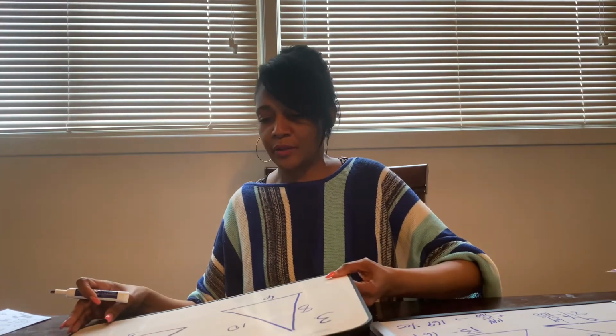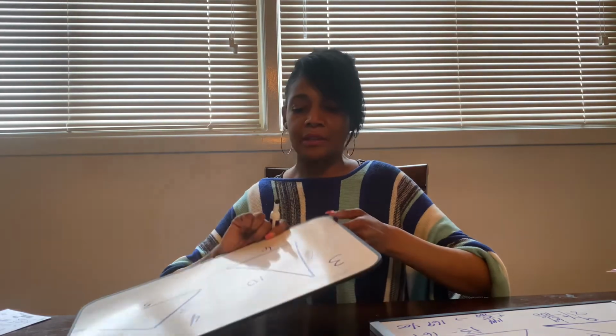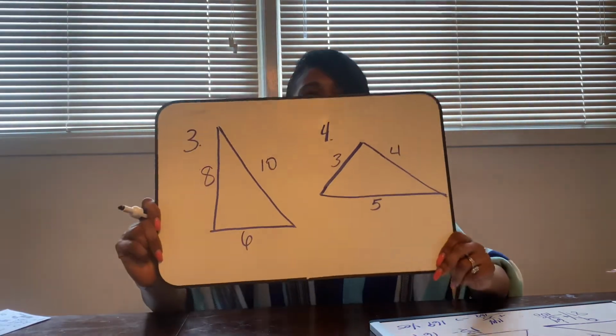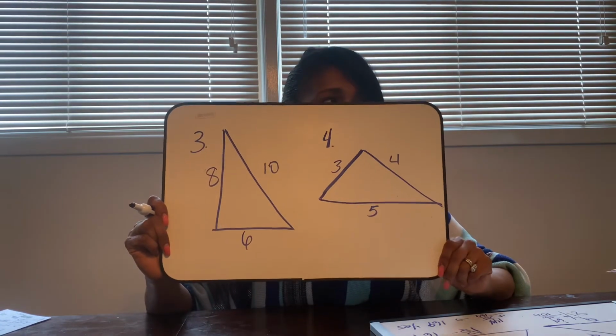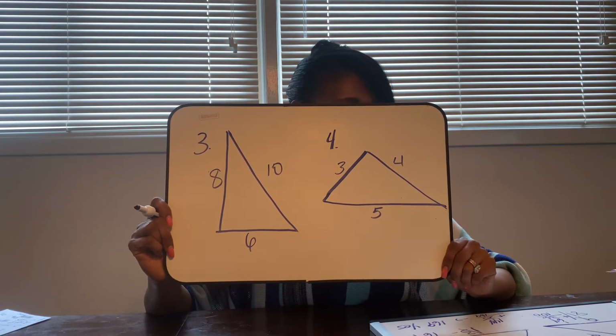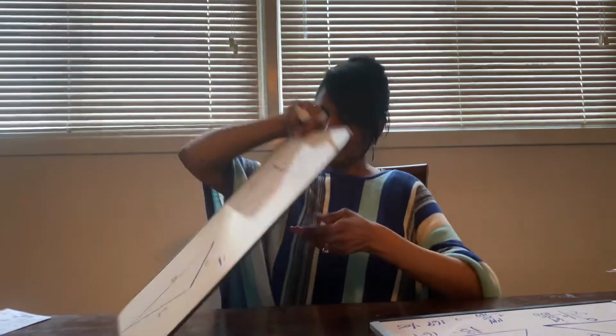Let's do another one. I'm going to do number 3, and I will allow you to write them down in case you want to follow along with me and do it at the same time. Okay. Let's see what happens with this one.